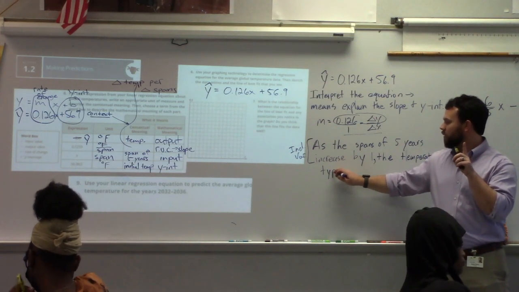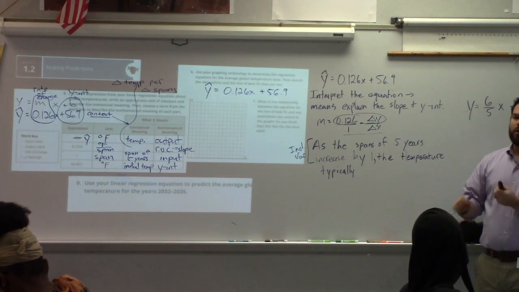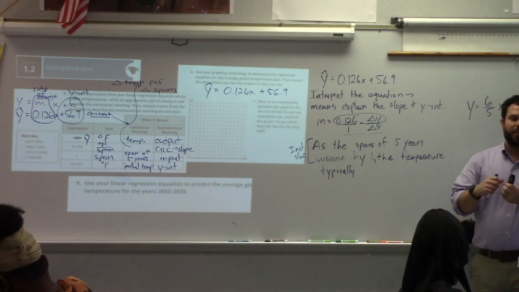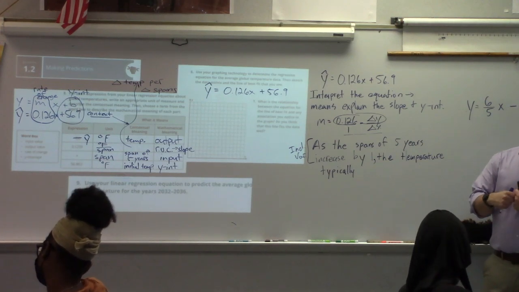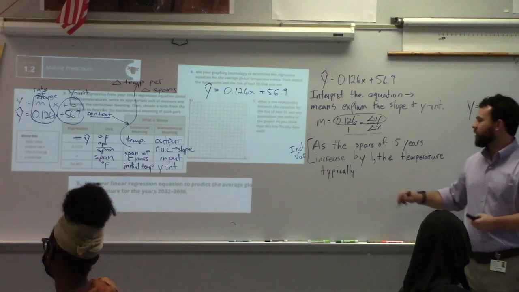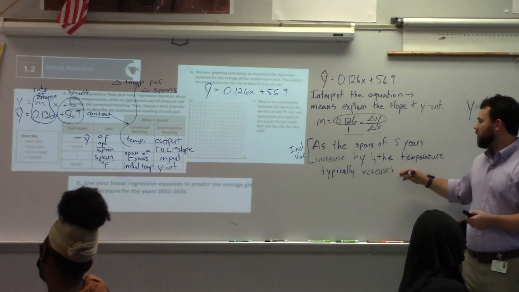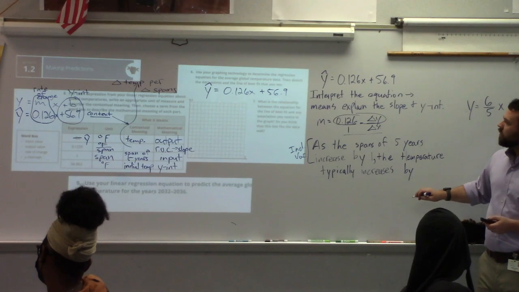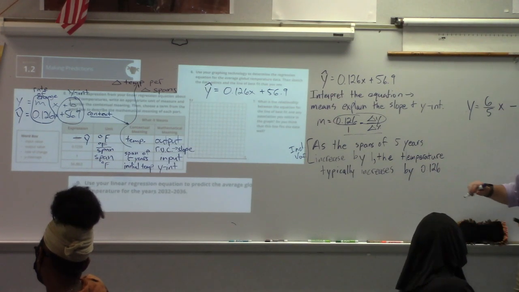Typically. It is linear, right? But remember, is this going to actually hit every single point? No. So it's not exact, it's an approximation, it's a prediction. So it typically increases by 0.126 degrees Fahrenheit.